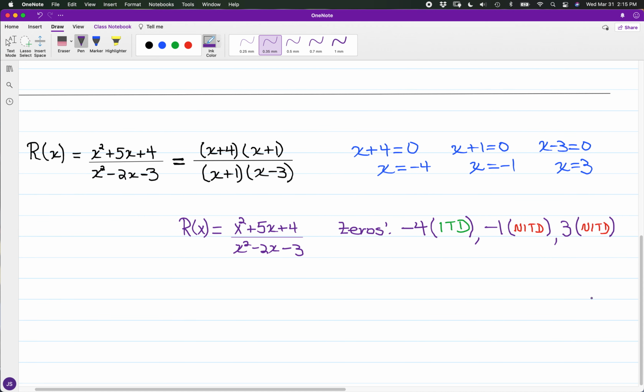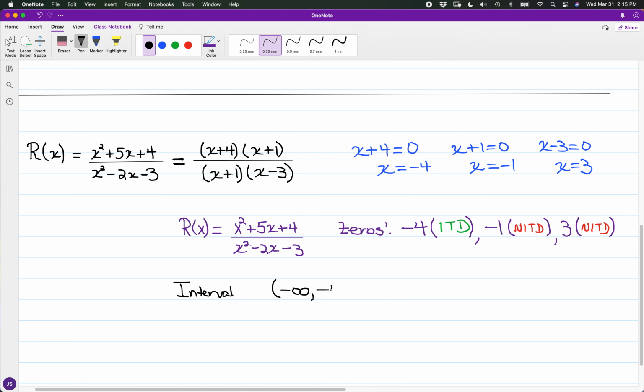And if we look at setting up intervals around these zeros, regardless of whether they are in the domain or not, we have -4 as the smallest value among the zeros.